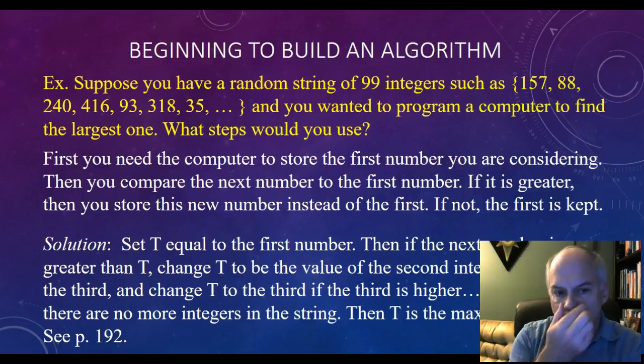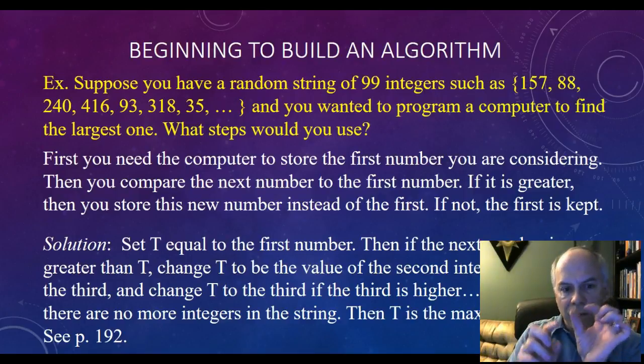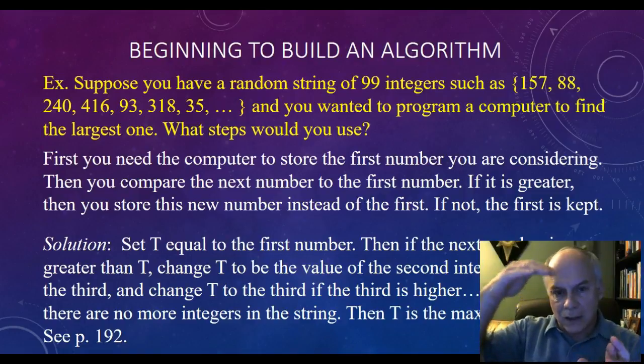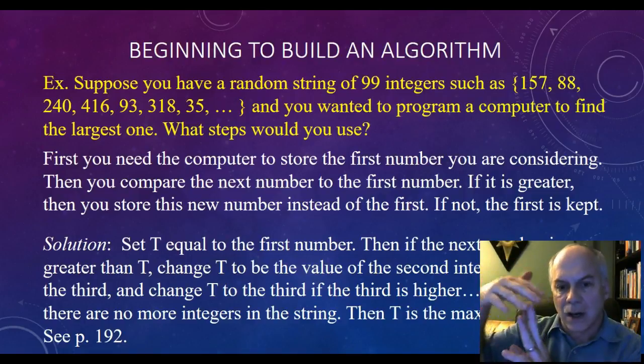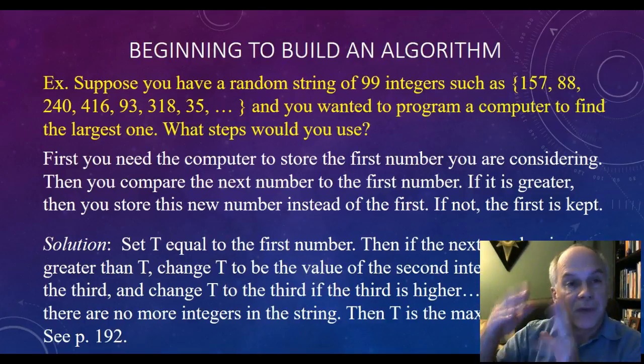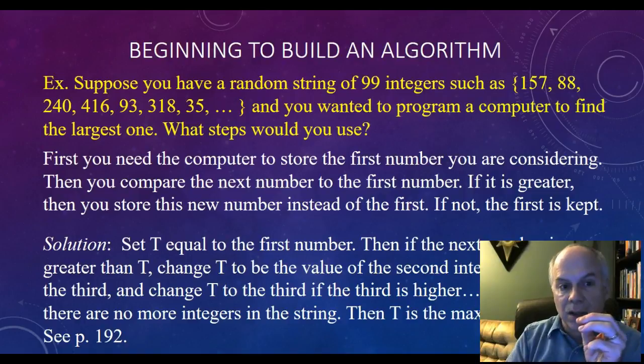Okay, so first you need this computer to store the first number you're considering. Then you're going to compare the next number to that first number. Now, if the next number is greater, then you're going to store that next number as the new number instead of the first one. If not, you'll keep the first one.